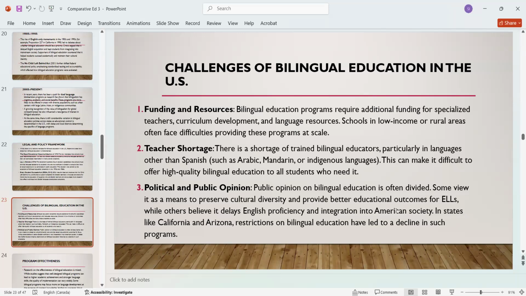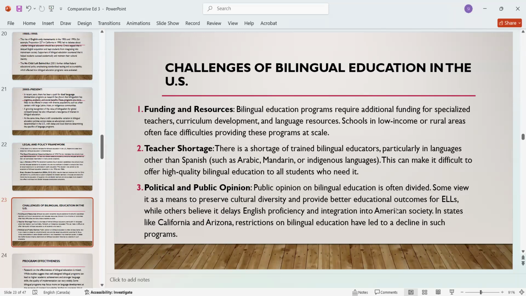And teacher shortage, another challenge. First one, funding and resources. And the second one, teacher shortage. There is a shortage of trained bilingual educators, particularly in languages other than Spanish, such as Arabic, Mandarin, or indigenous languages. This can make it difficult to offer high quality bilingual education to all students who need it.